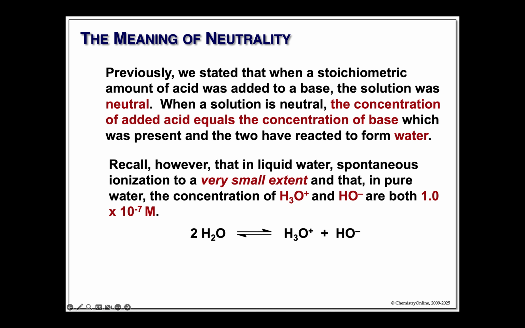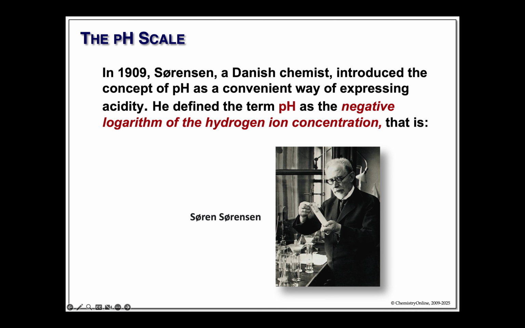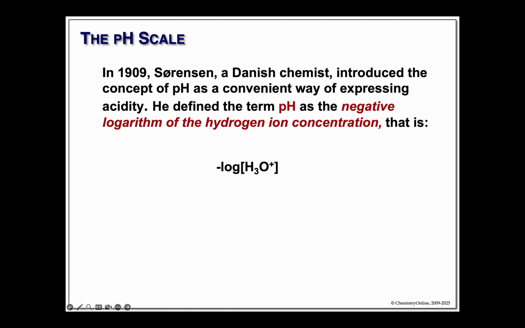Now, there's something in acids and bases called the pH scale. Way back around the turn of the century, Danish chemists came up with the notion of pH. pH was defined as the negative log of hydrogen ion concentration, minus log hydronium.